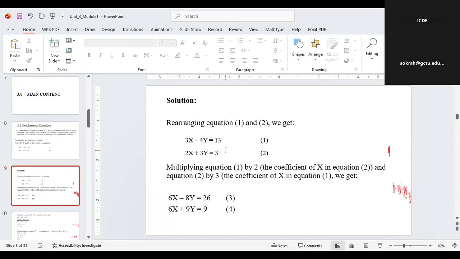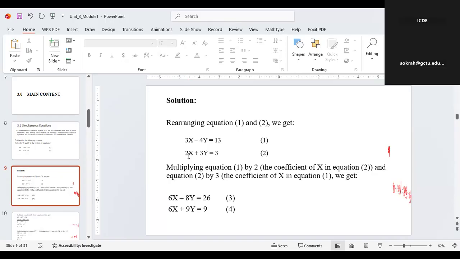If I decide that I am eliminating x, then I have to make sure that the coefficients of x in both equations 1 and 2 are the same. If you look at equation 1, the coefficient of x is 3. In equation 2, the coefficient of x is 2.